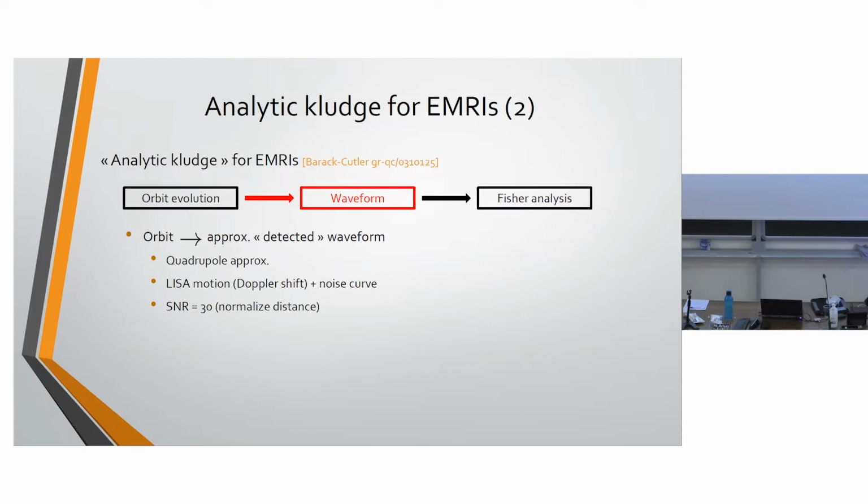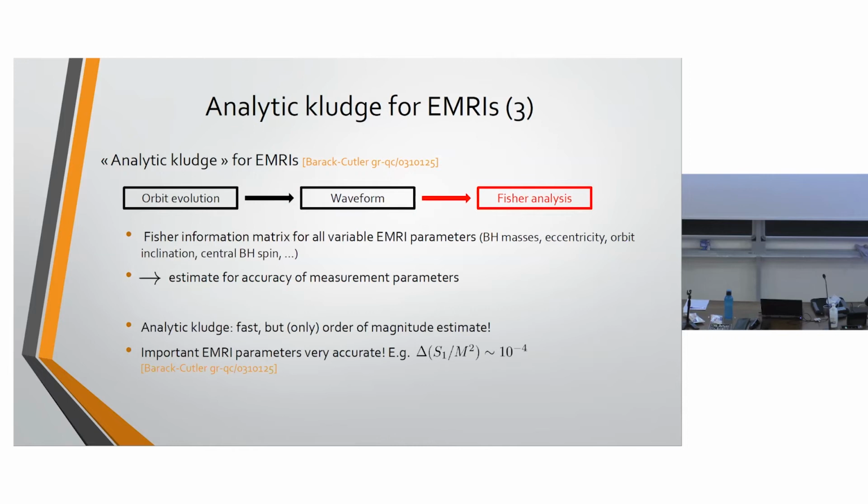Okay. And so from this waveform, you then have a detection, or a simulated detection, and then you do some Fisher analysis, which means you basically say, given this detection, how well can I extract all of the parameters of my MRE from this measurement, right? A very rough estimate of the accuracy of how well you can measure these things is given by the Fisher analysis, okay?